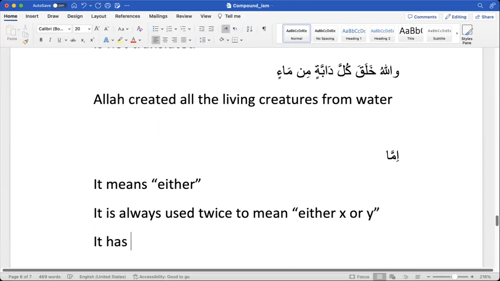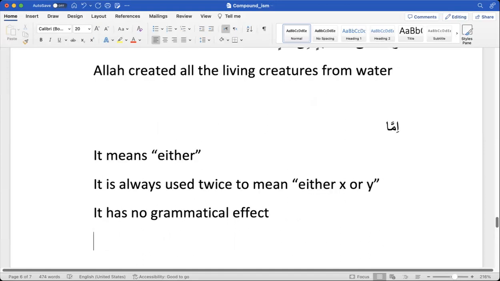Also, it has no grammatical effect. This harf is called harf takhyir. Anyway, you will not need to remember that. No issues. Whenever you see imma, for example in the Quran, in the story of Musa alayhi salam, it says like this.